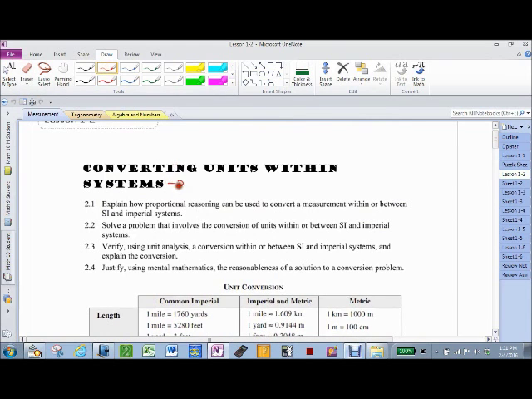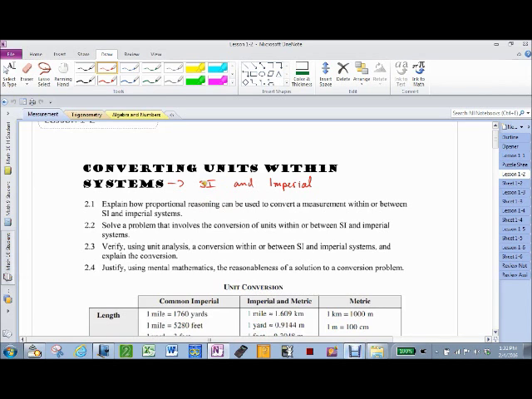What are the two systems that we have? SI and imperial. Now, remember, SI is metric, right? Which means everything is based on what number? 10. 100's based on 10 too. Everything is based on 10.